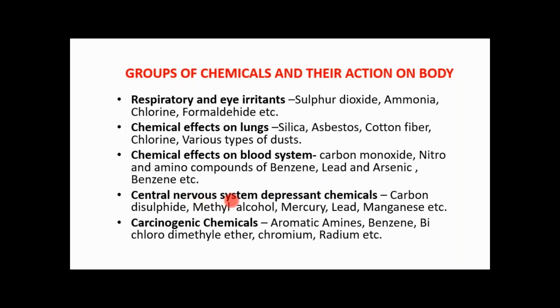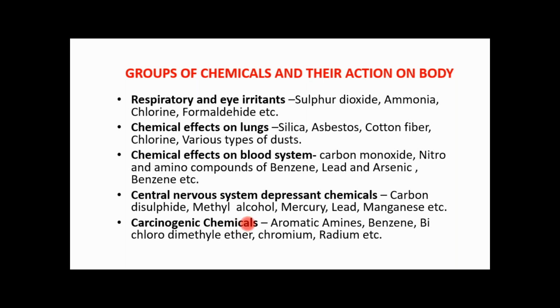Then central nervous system depressant chemicals like carbon disulfide, that is CS2, methyl alcohol, mercury, lead, and manganese. All these chemicals directly attack the central nervous system. The effect may be a temporary one, or the effect may be a chronic one. Then carcinogenic substances, the substances which can cause cancer, are called carcinogenic chemicals.